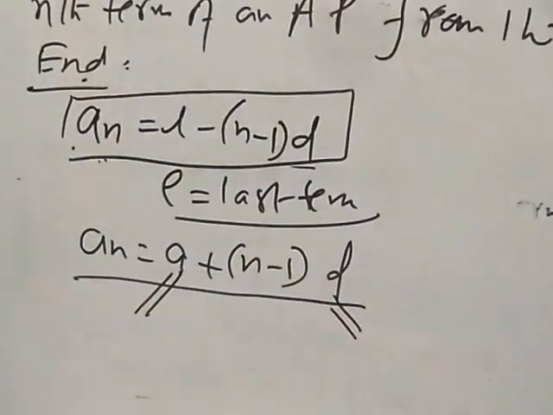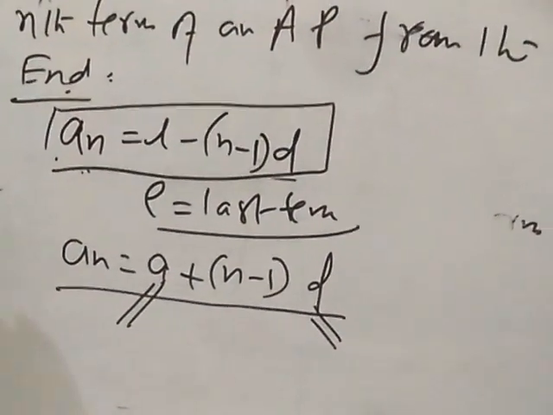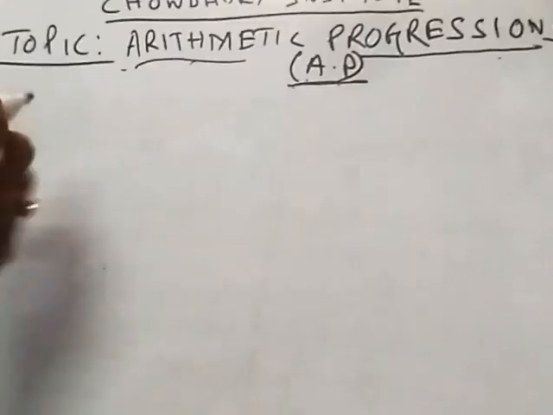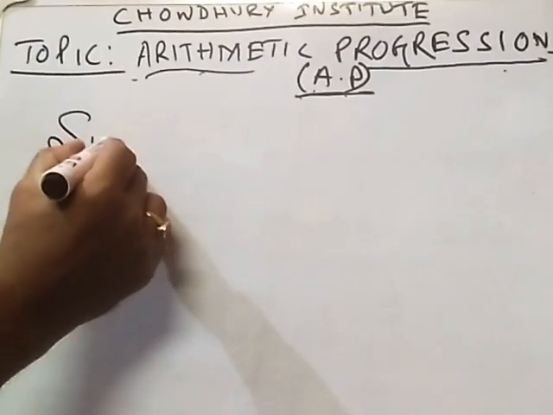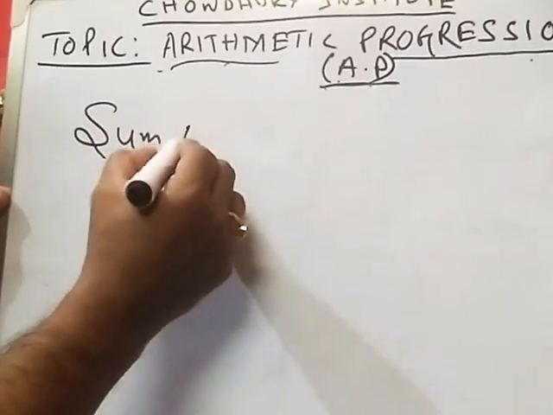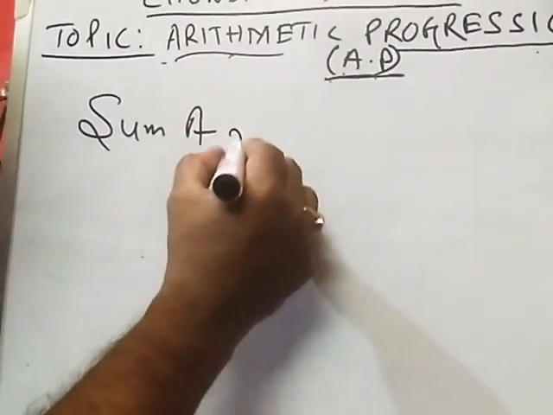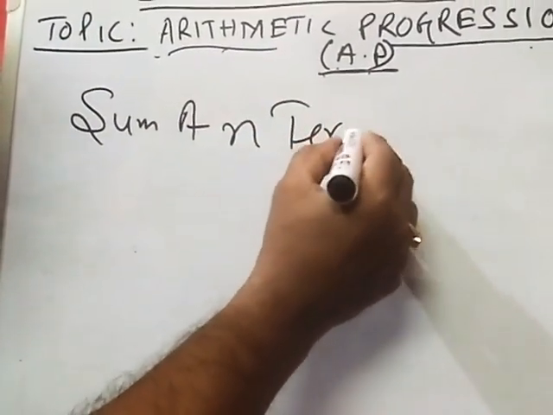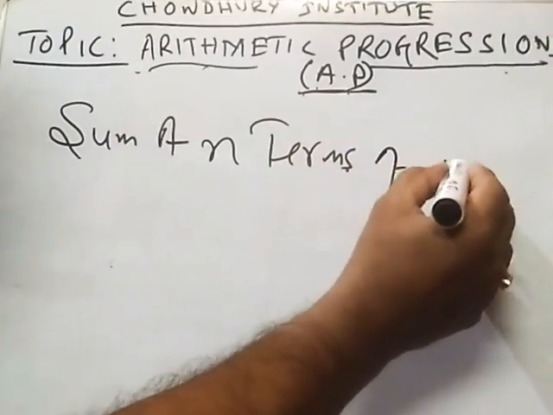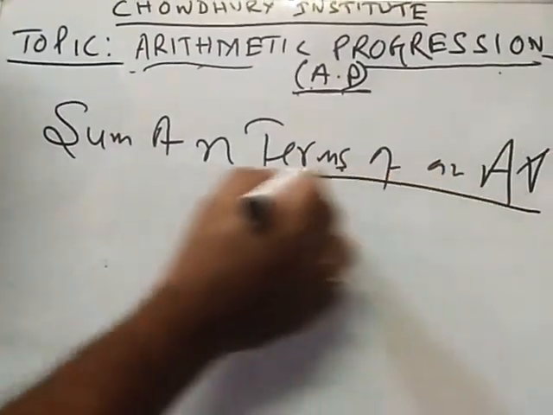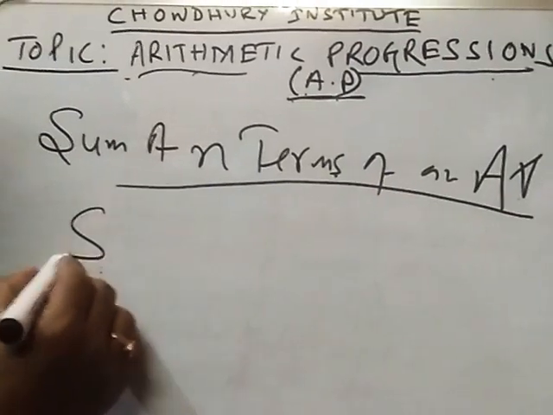Okay. Next, sum of an AP. How do you take the sum of an AP series? You have to memorize these formulas. Sum of n terms of an AP. Formula, you write down, everybody.